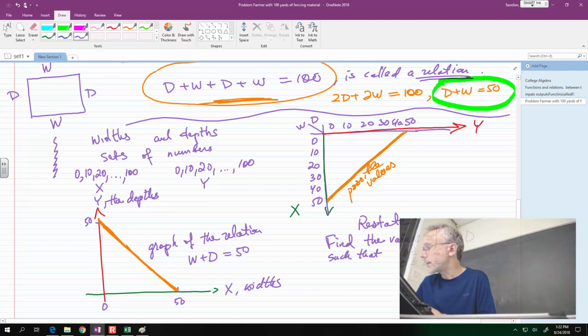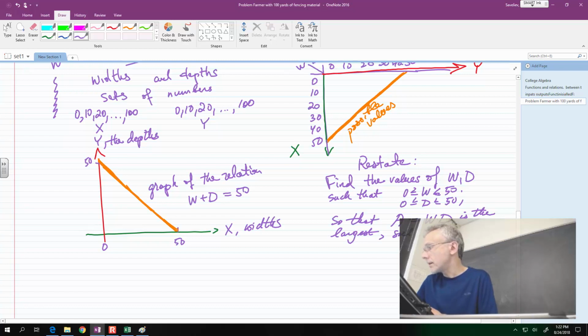Okay, and so that the area, I'll call it A, which is W times D, is the largest. Subject to a restriction.